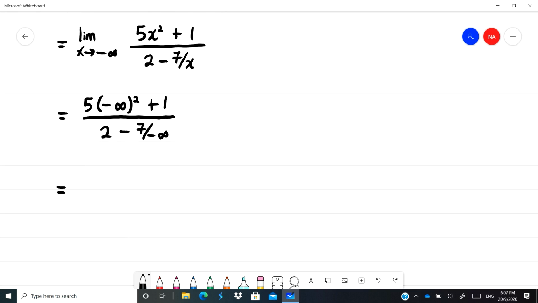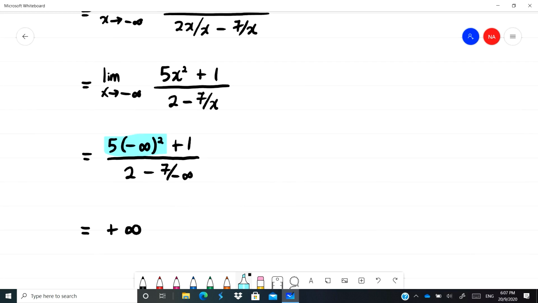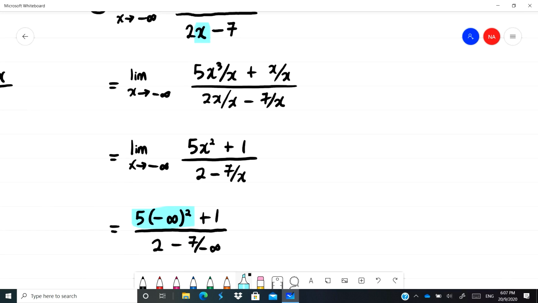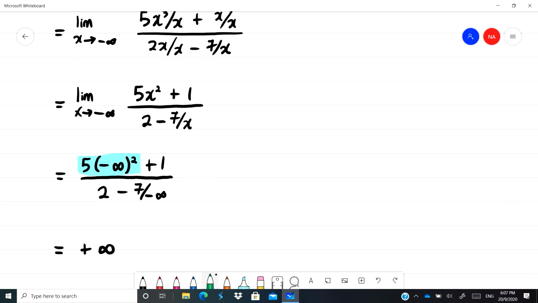So this actually leads to positive infinity. So your final answer will be positive infinity, meaning we just have to calculate this part because this is the dominant one here. That's the biggest number. Positive infinity divided by 2 or whatever number will still remain positive infinity, because we have the square here.